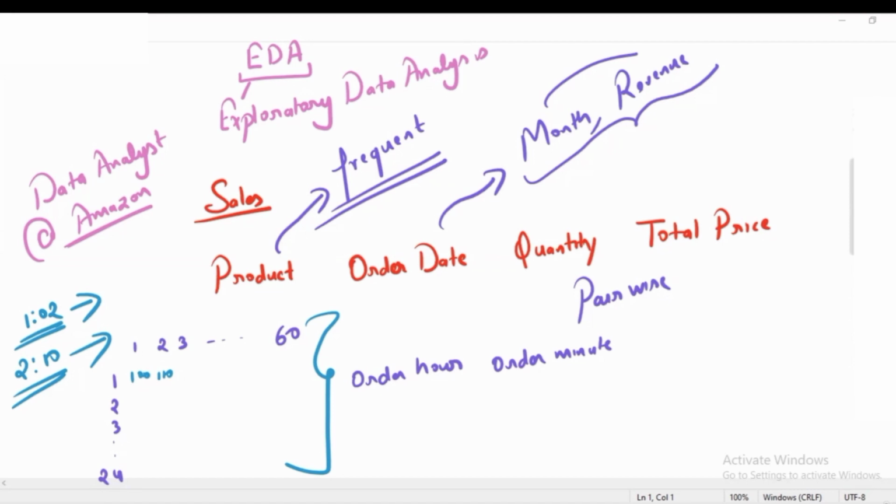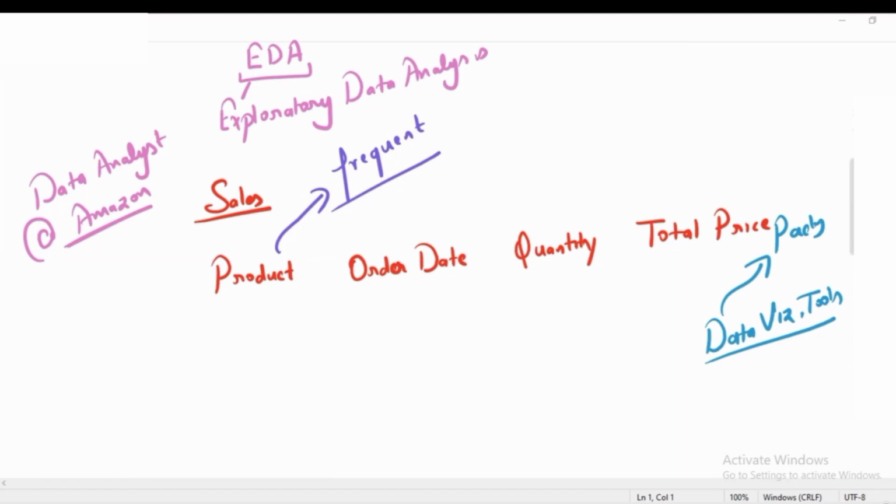While doing this data analysis, you could leverage various data visualization tools or packages. Now imagine you have to showcase the top 5 most frequent products sold at Amazon.